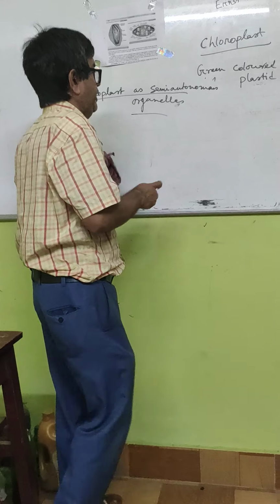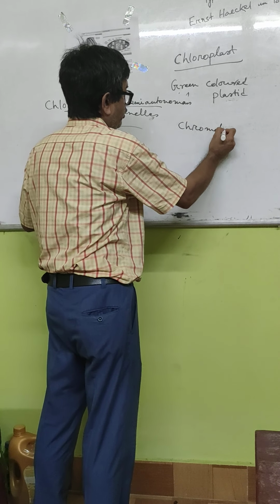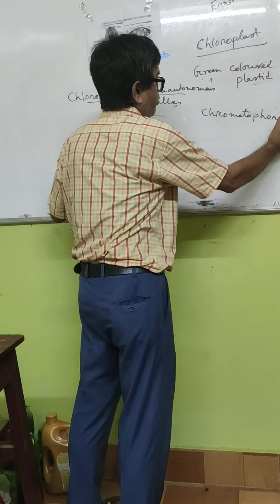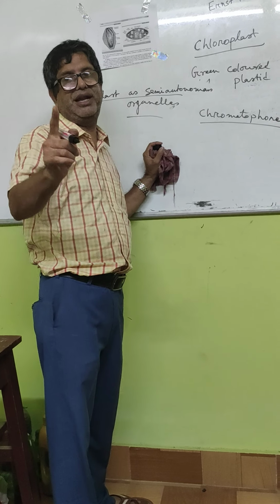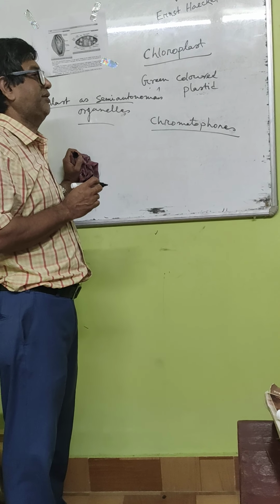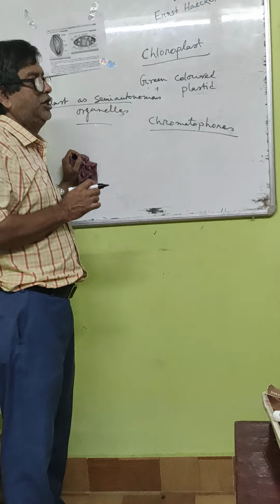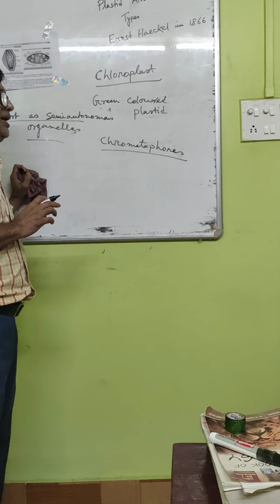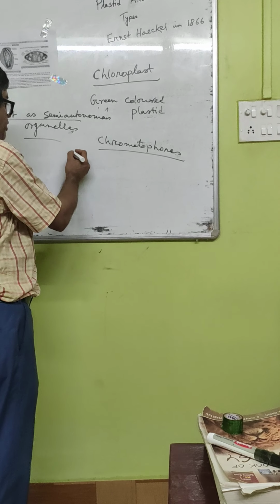Now another important thing, as a short question you may get: chromatophores. What are chromatophores? Chromatophores are plastid-like coloring pigments found in some bacteria and organelles, not exactly plastids.